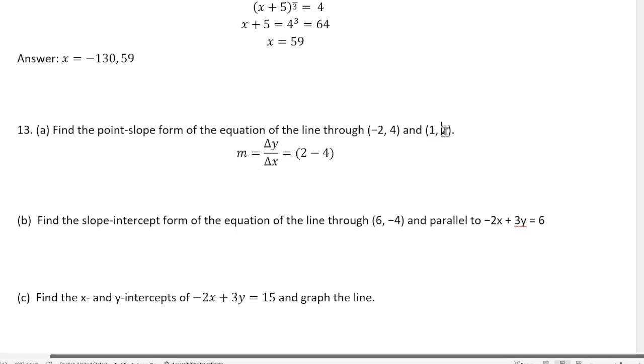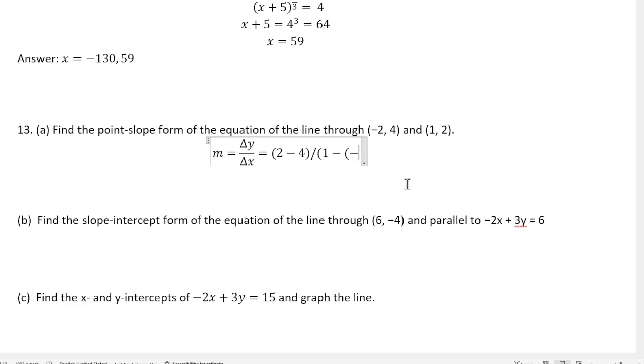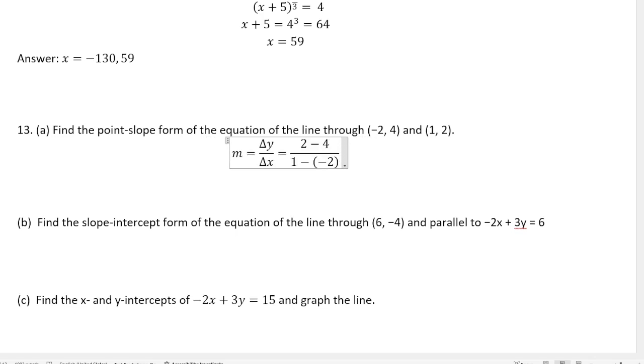This is the final value of the y coordinate, and this is the initial value of the y coordinate, right? Then divide it by 1 minus -2. Those are the x coordinates, and that gives you -2 over +3.